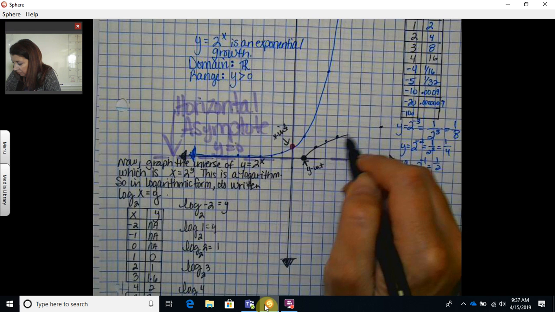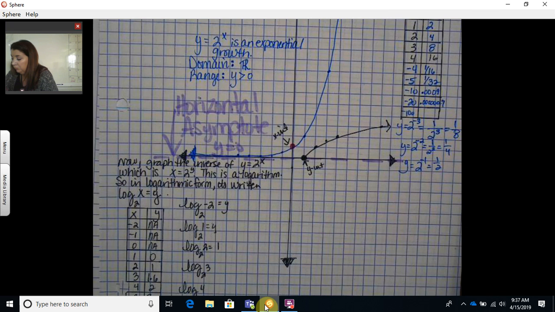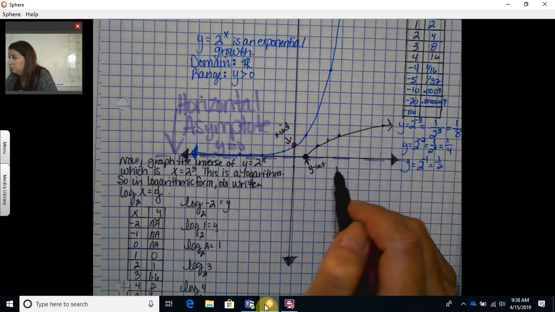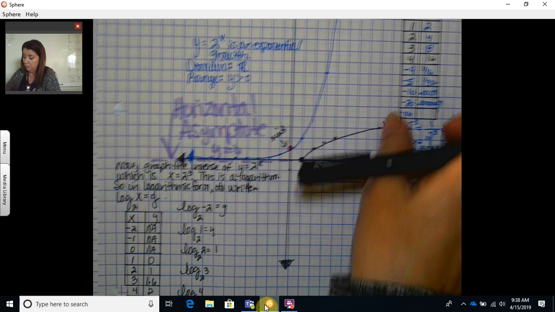Okay, well, I know that x has to be greater than 0, and I'm pretty sure this graph doesn't just start from this point, but it has to be greater than 0. Well, couldn't it be like 1/10, or 2/10, or 3/10, or 4/10, or any number between 0 and 1? Yeah? Okay, I'm going to try, let's see, I will plug in 1/10.